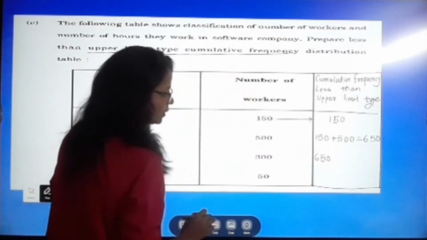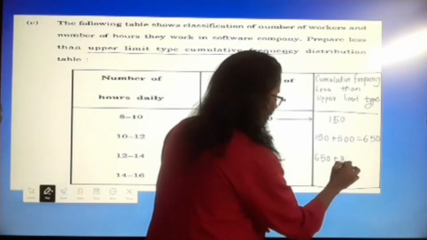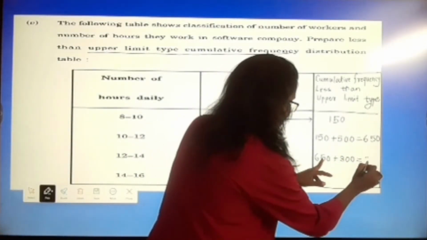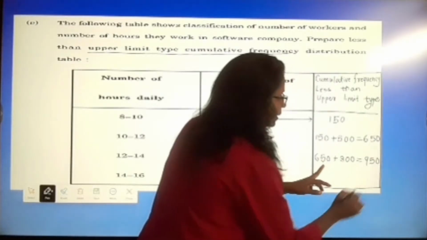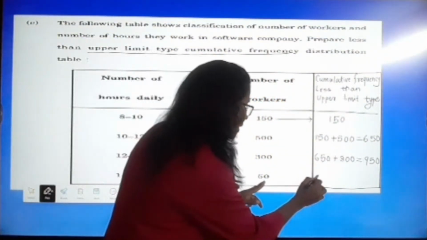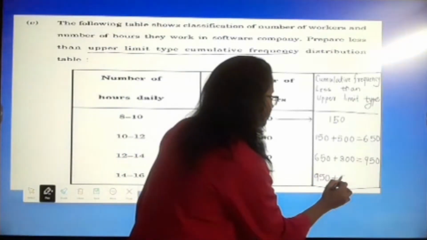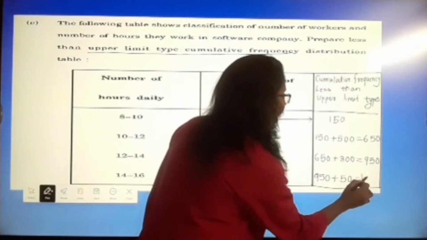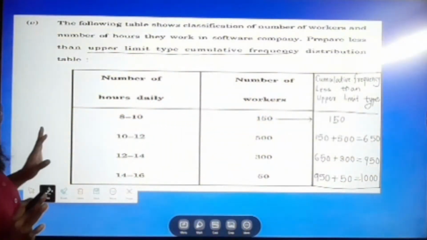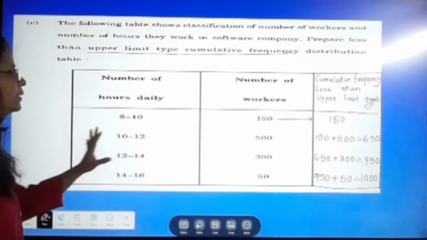And then add here the 300, and that is equal to 950. Then write down the 950 plus 50, then the answer is 1000. Okay, in such a way you have to form the table.